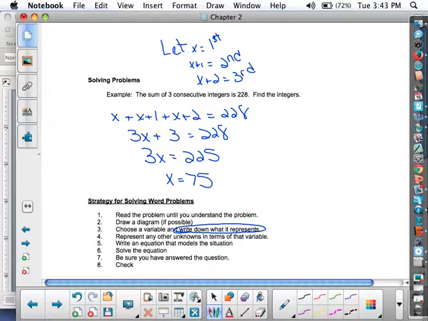Write an equation that models the situation, solve the equation, and then be sure to check that your answer actually is a solution. So let's go back to this problem and look, and so that means that we have 75 plus 76 plus 77. Add those up and you should get 228.